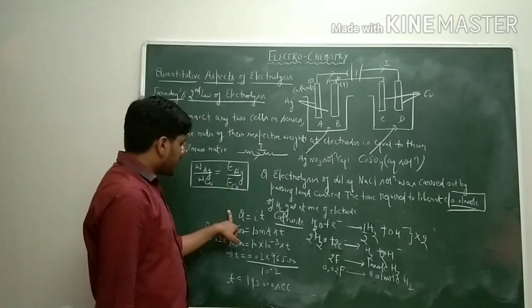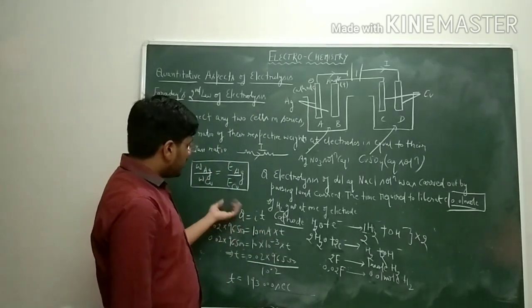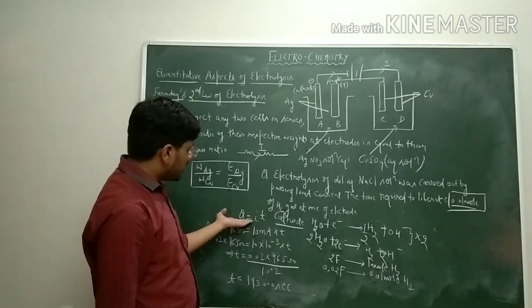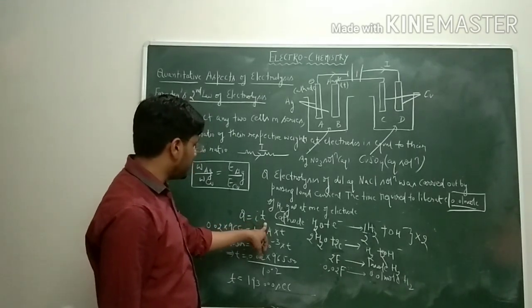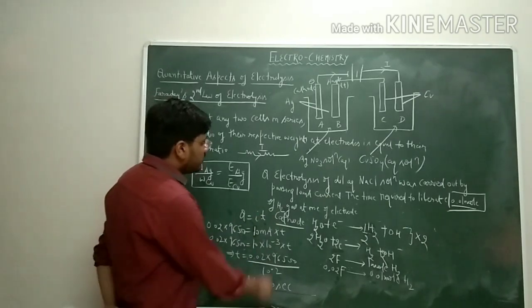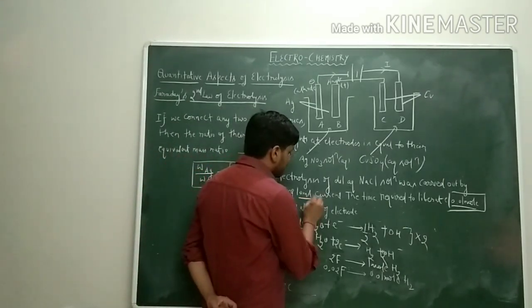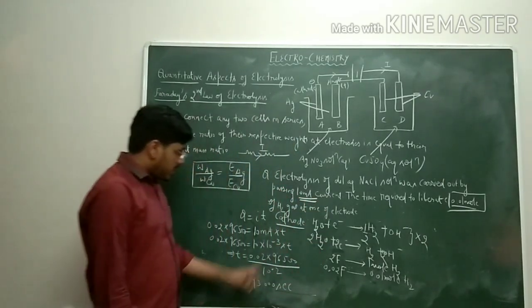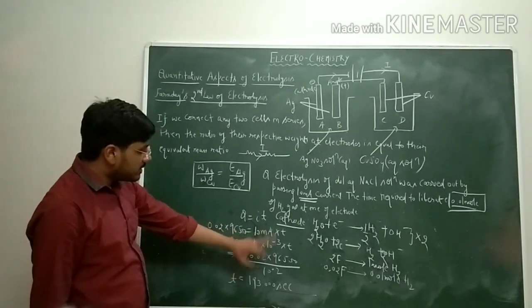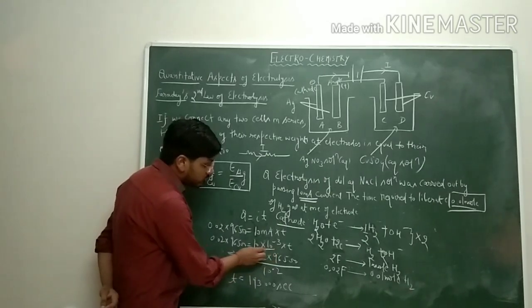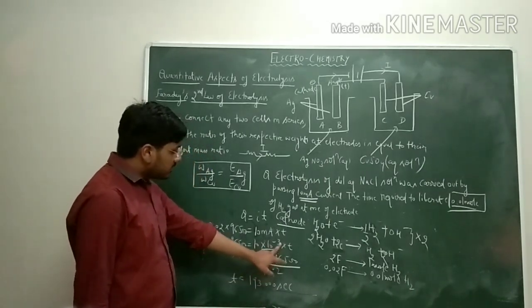Now there is no requirement of any special formula. We all know the simple formula: Q is equal to I T, where I is the current and T is the time for which it is passed. The current given in the question is 10 milliampere, and we convert this milliampere into amperes by multiplying by 10 raised to the power minus 3.